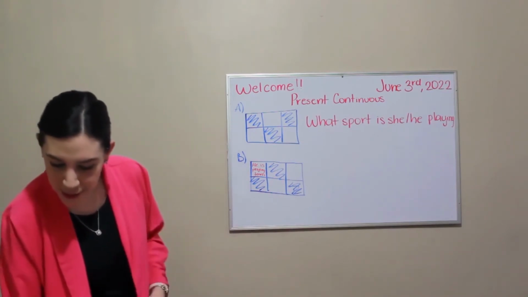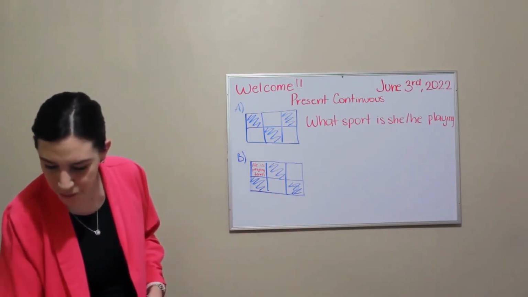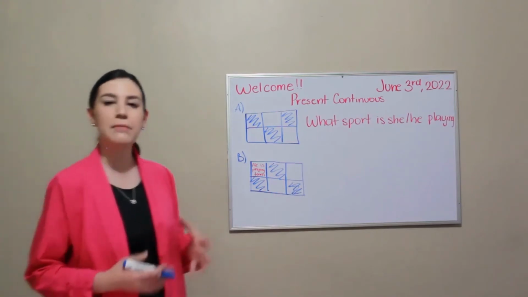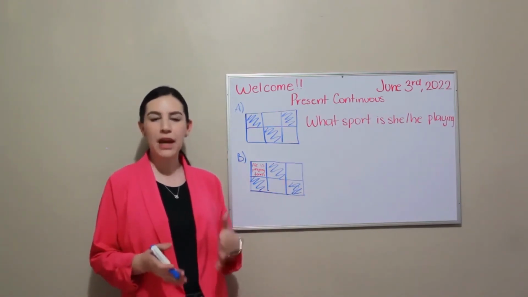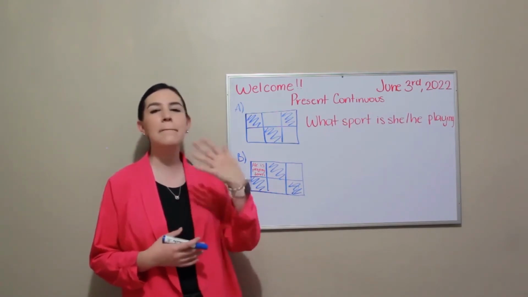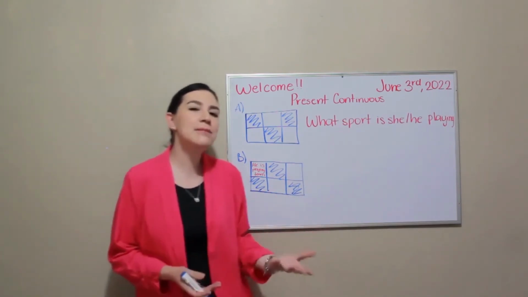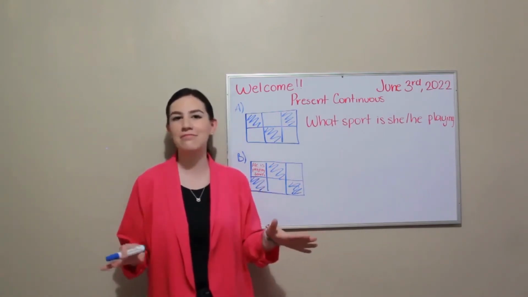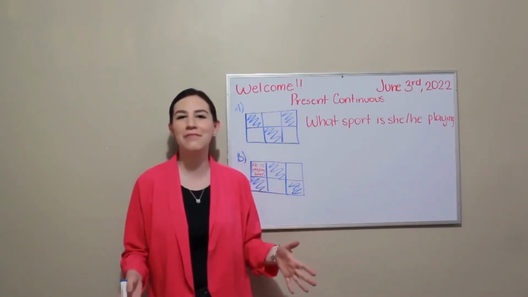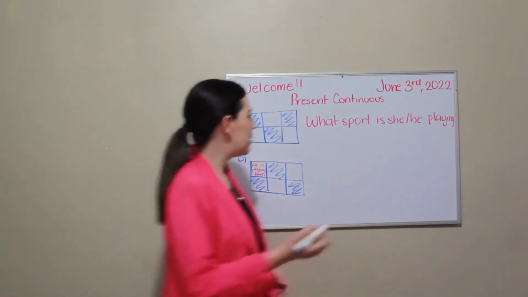Now, once you are finished with that, we're going to move over to meeting my new friend. You're going to be working with the same partner, and what is going to happen is that you're going to imagine that your classmate is actually coming from another country, whatever your favorite country is. You're going to be answering a couple of questions.